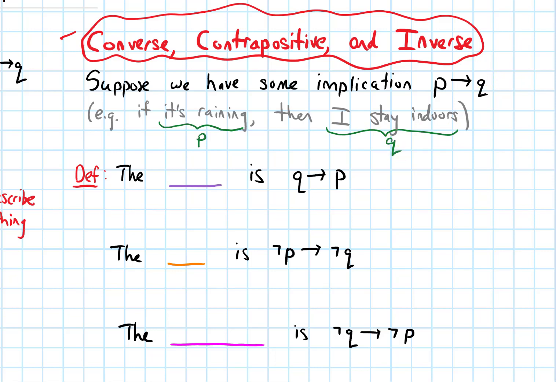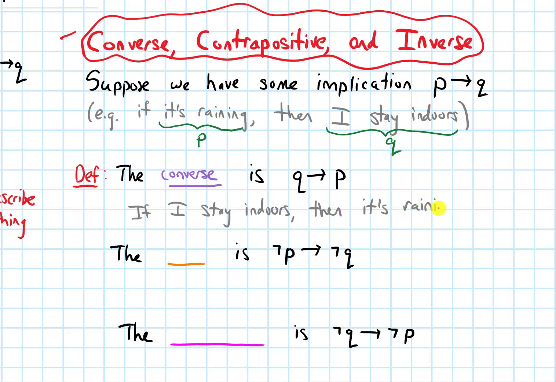Next I want to give a definition of a few related implications. If we switch the order of the implication and we have if Q then P, then this is called the converse. In this example, that would be if I stay indoors, then it's raining.